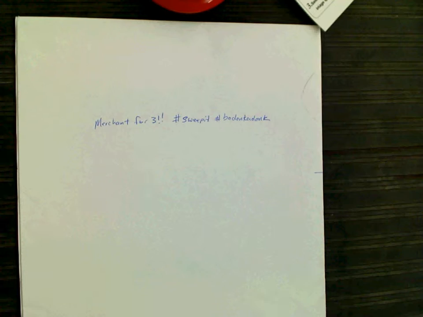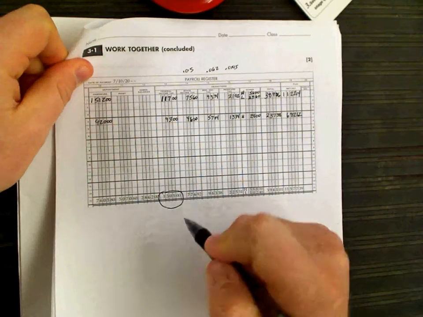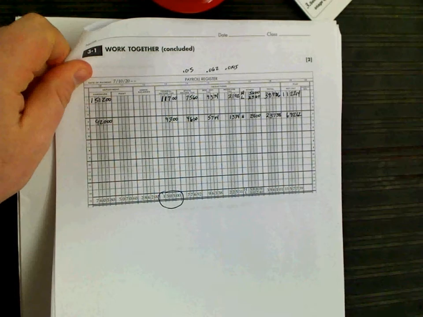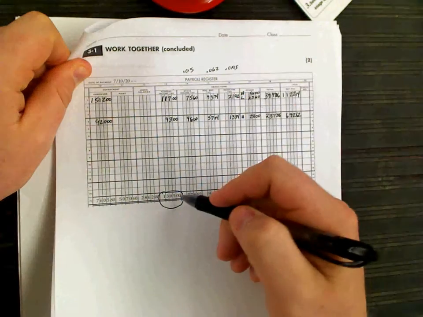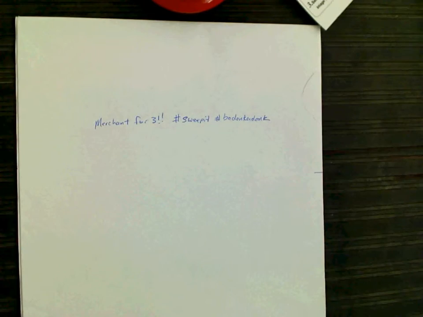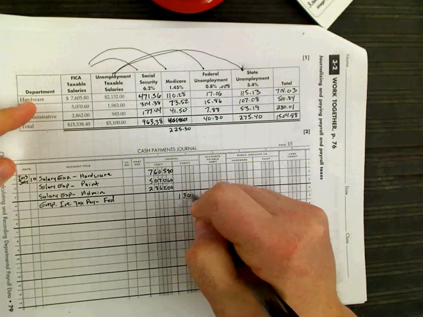I'm going to get this number from right here, from my total federal employee income tax, 1305. General credit. So that's 1305. No change.